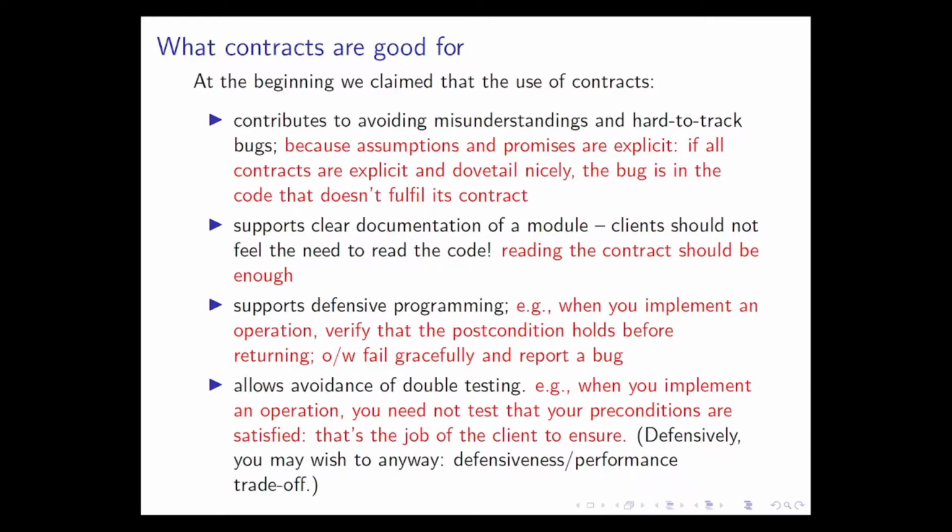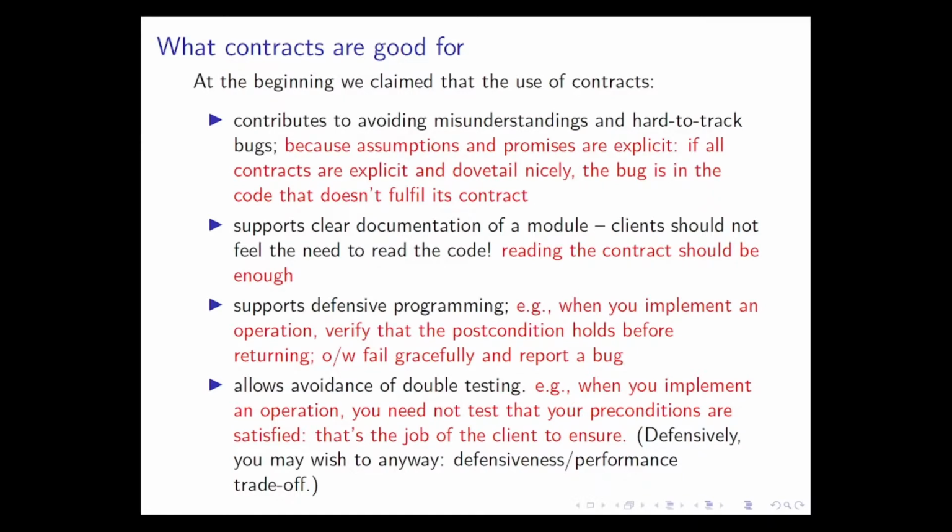So if you've got all contracts explicit and they dovetail nicely, so you successfully arrange that you can verify, at least manually, that preconditions should be satisfied in appropriate cases, then it should be fairly straightforward to work out which chunk of code it is that doesn't fulfill its contract, and then that's where the bug is. Contracts should support clear documentation of a module. In fact, reading the contract should be enough.